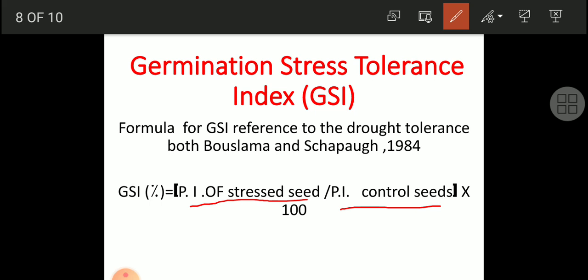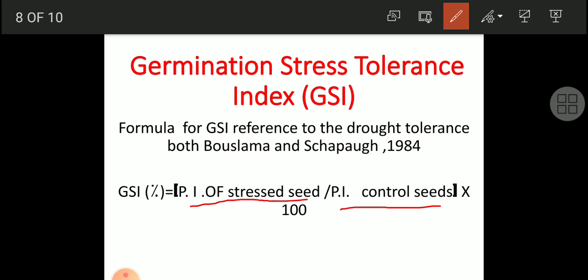Control means no salt solution is given to that petri plate. The second is treated with the 0.5% NaCl solution. Now we have to take the readings, the percentage of stressed seeds. Out of 100, suppose only 5 seeds have germinated, which are treated with the 0.5% NaCl.